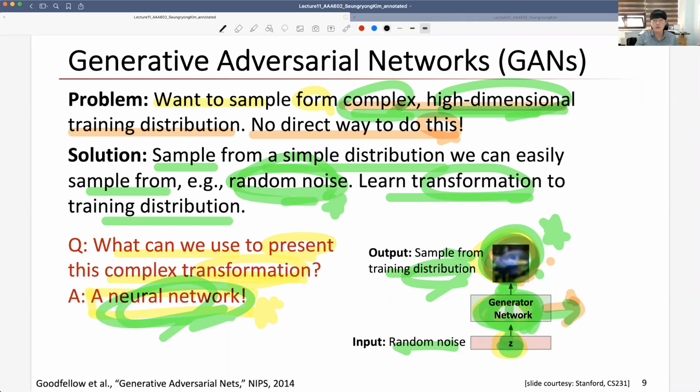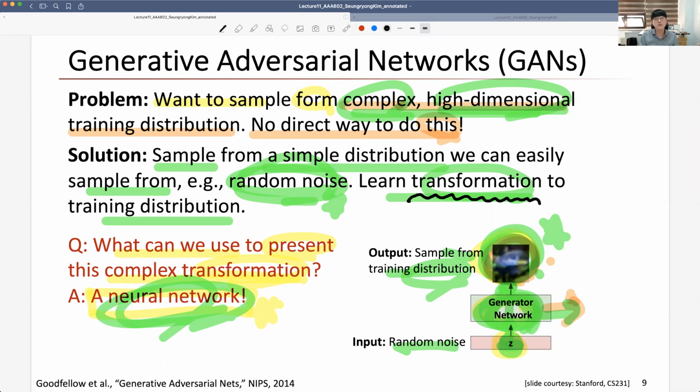There is no direct way to do this. So the solution is that we can sample from a simple distribution, for example, uniform random noise, and then we can learn the transformation to the training distribution. How can I formulate such a mapping, such a complex transformation?